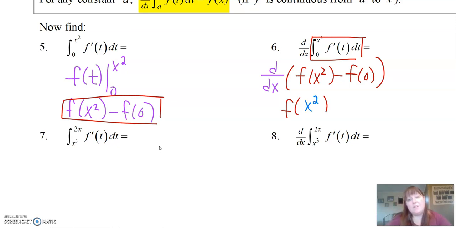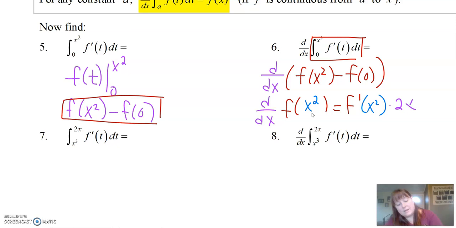So I have a function like the chocolate on the outside and the peanut on the inside, right? So when I take the derivative of this, I end up with the derivative of the outside with the inside still intact times the derivative of the inside.